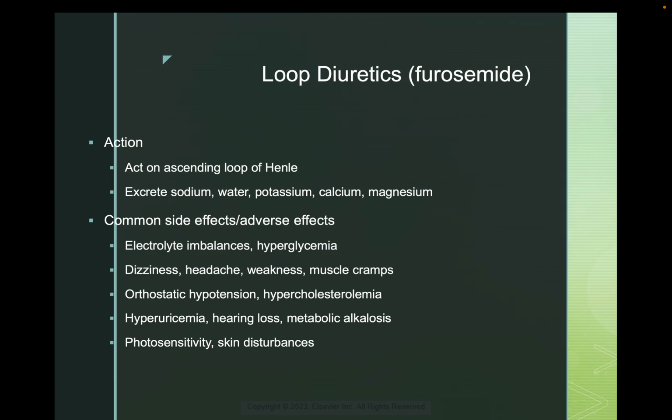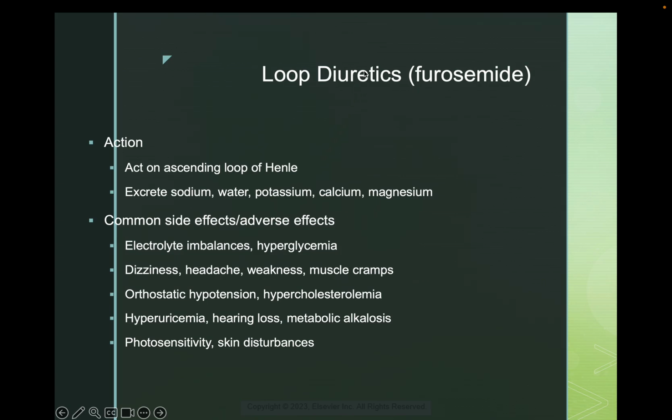So something we want to assess in these people is always their potassium level, because it can cause them to have low potassium. Potassium is a very important electrolyte for cardiac function, and if our potassium level is too far out of range, it can cause cardiac dysrhythmias.